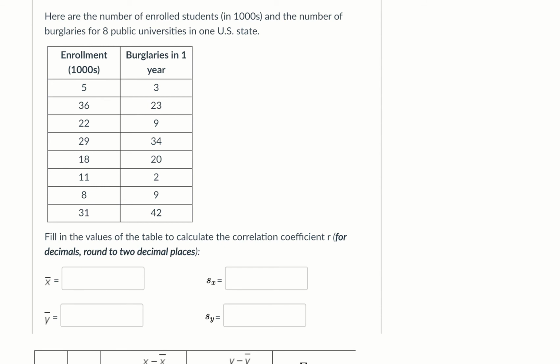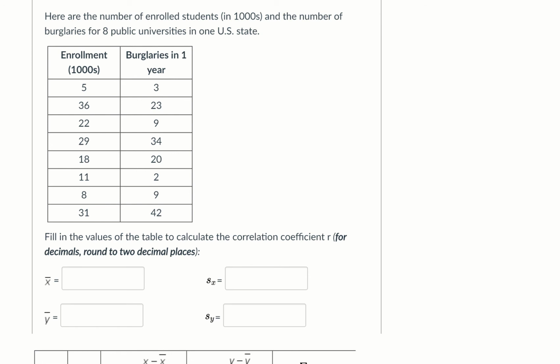If you imagine higher enrollment in universities, that probably means there's going to be a higher chance that there will be burglary in the area because there's more people that could potentially undergo a burglary, first off, right? That are reported, right? Because these burglaries get reported. And so there's a higher chance for those to be reported, and therefore the greater the number of enrollments, the greater the number of burglaries in 1 year that get reported.